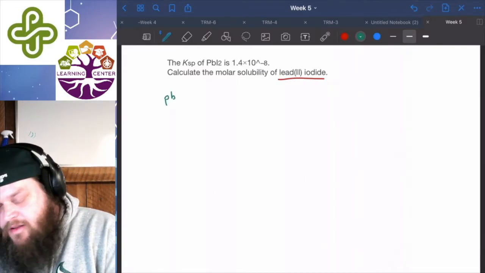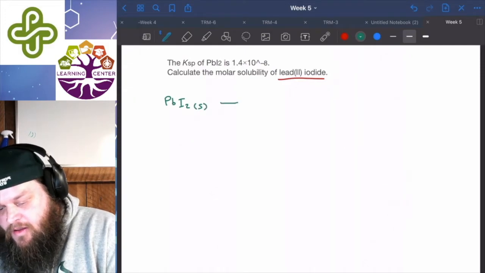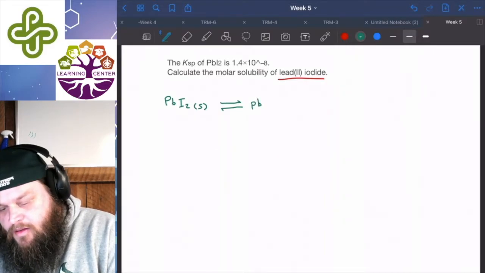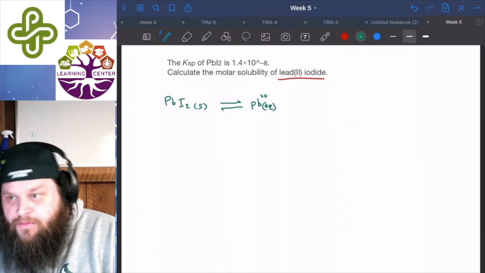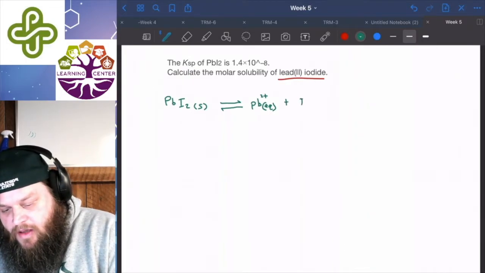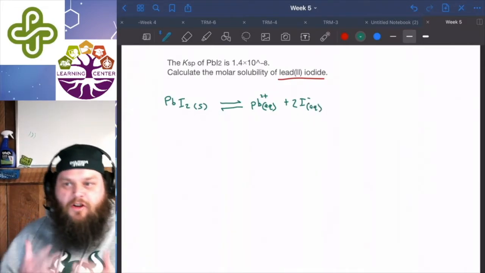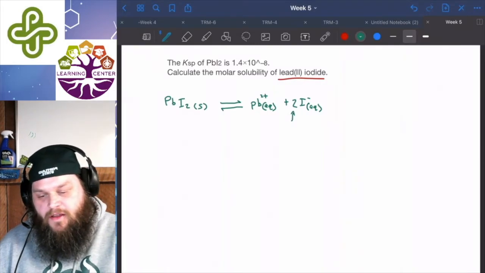So we have lead, big capital P, lowercase b, and then 2 iodides, which is a solid, and that's going to be in equilibrium with, or form, Pb aqueous, which is going to be a 2+ ion, because we know that iodine is a -1. And there's 2 of those. So getting those charges right is useful because that helps you tell that the stoichiometric coefficient there is going to be a 2.